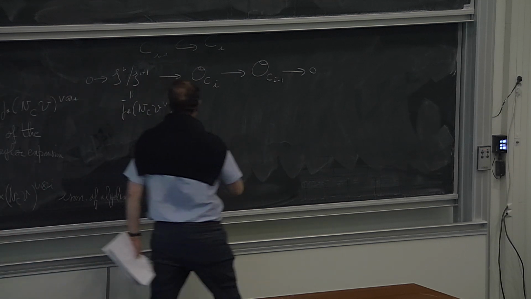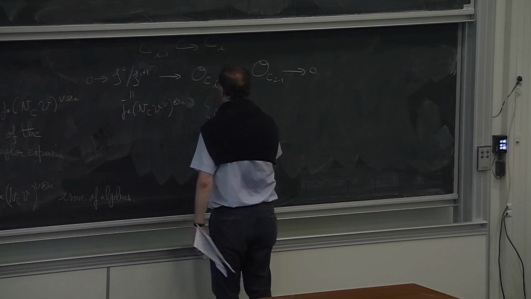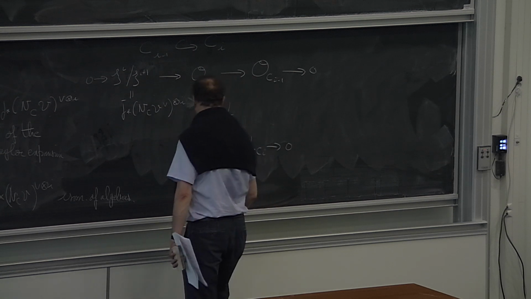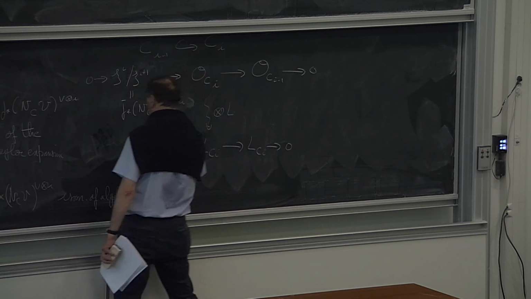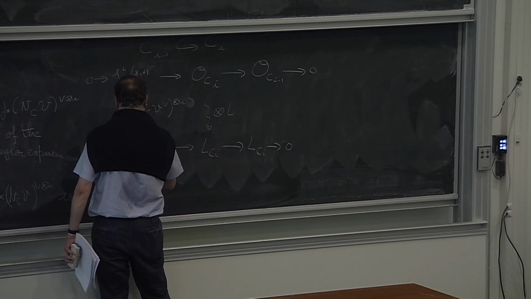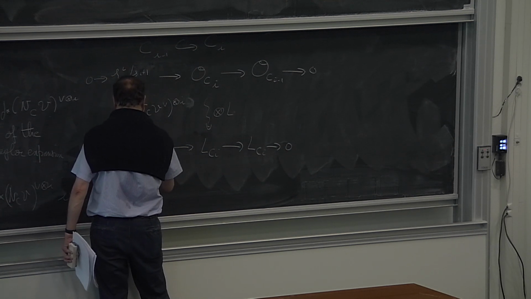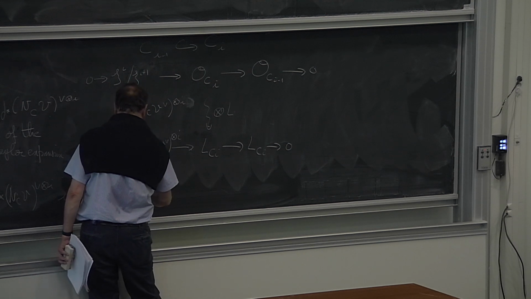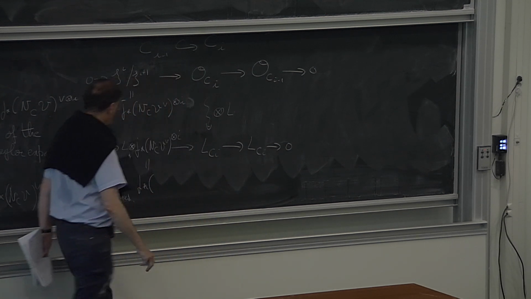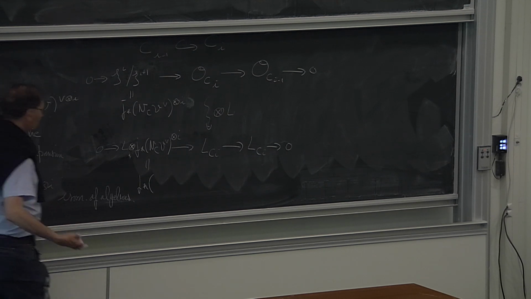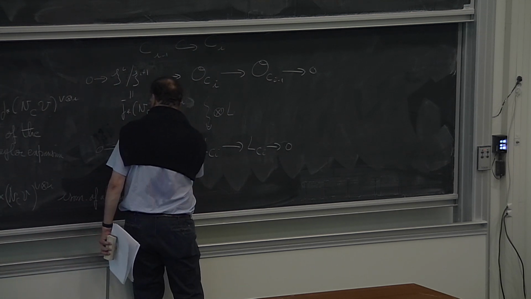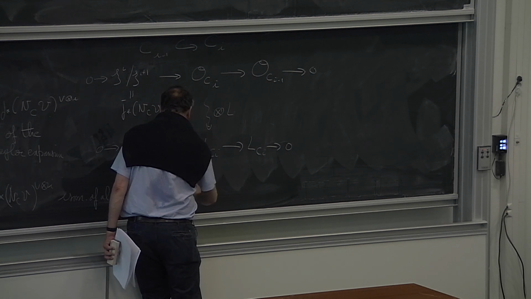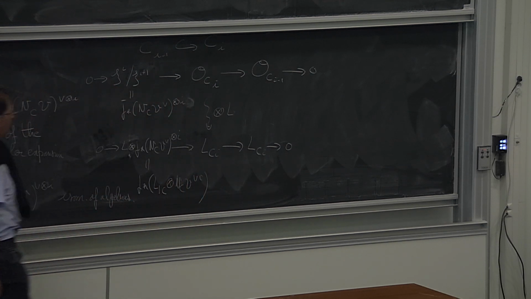And now you may twist this by L, and you get L restricted to C, well, L tensor this, and this of course is the line bundle, the coherent sheaf defined by the line bundle obtained by taking the restriction of L and twisting it by the i-th power of the dual of the normal bundle.